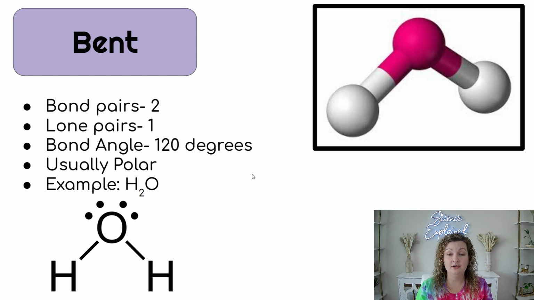And then our bond angle is going to be 120 degrees right here. And they're usually going to be polar because now we are asymmetrical. And a perfect example of this is H2O. And you can see that here we have 2 bonds happening. Those are single bonds. And then we have some lone pairs. And this does make it partially positive and partially negative.